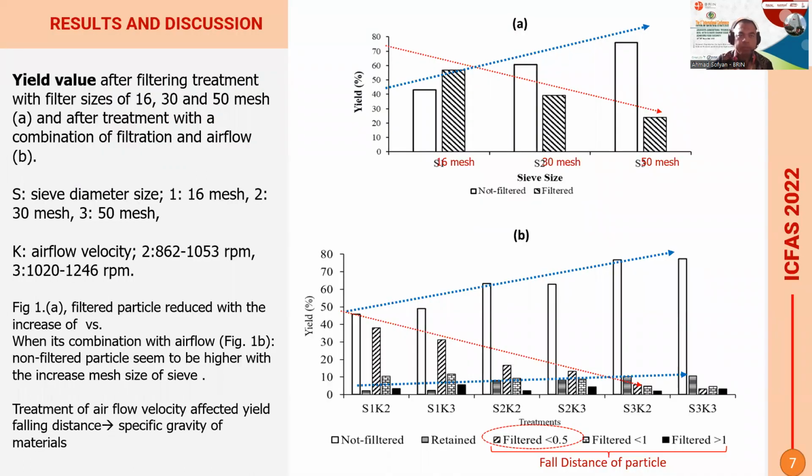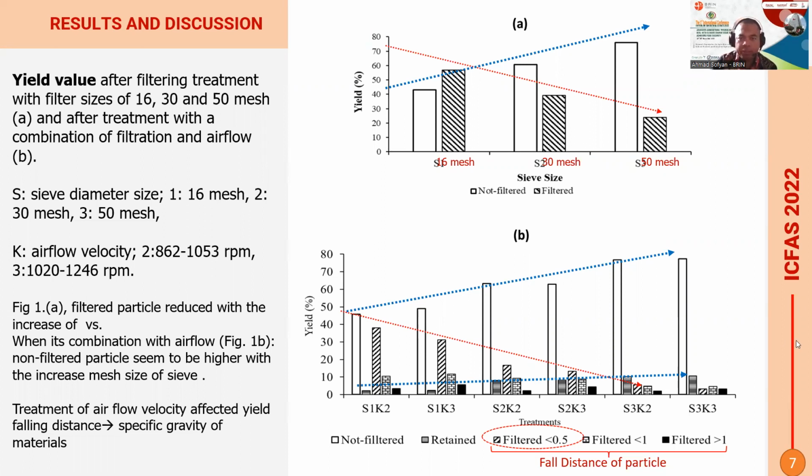The results show the yield value after filtering with three different sizes of sieve: 16, 13, and 50 mesh in size.